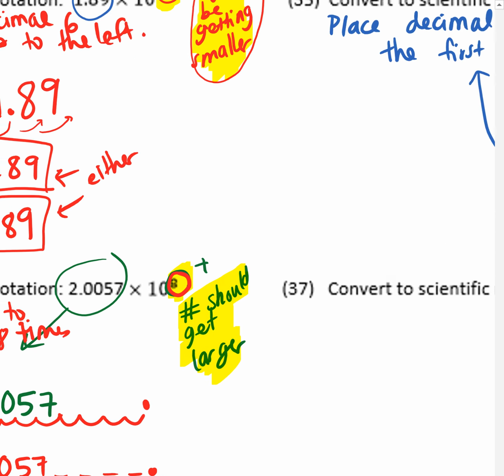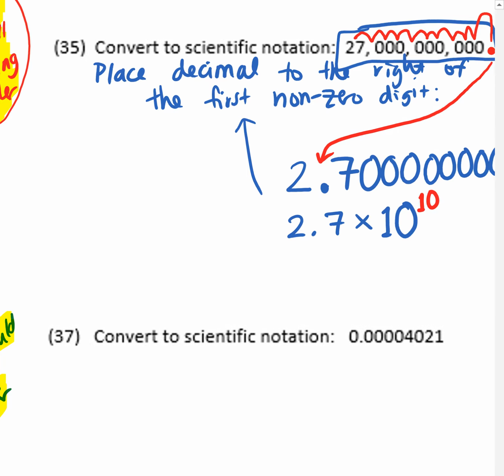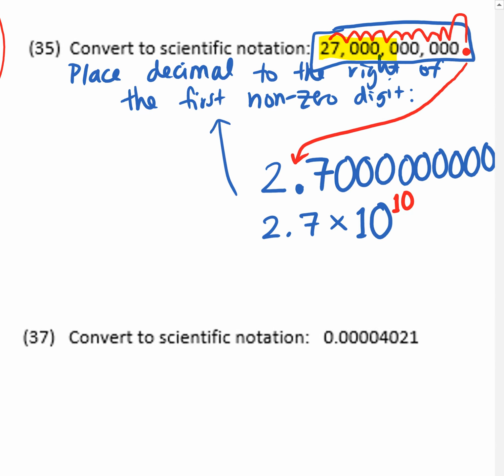So we just have to decide, is the number that we started with large or small? Well, this guy is definitely a large number, 27 billion. So sticking with a positive exponent is a good idea. It'd only be if we were given a really small number, like 0.00000 something 27, then we'd need a negative exponent. So we're good. Since we started with a large number, we're going to have a positive exponent.